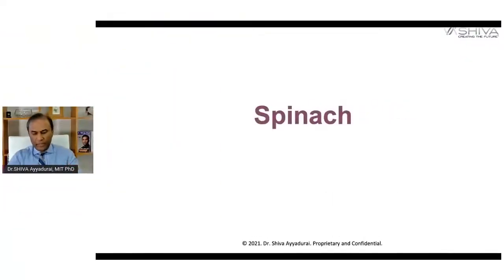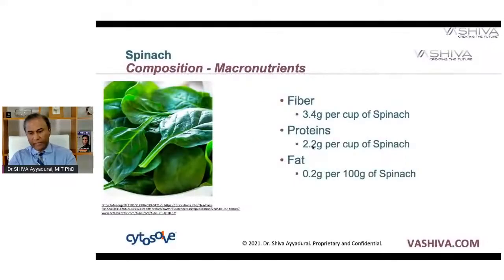So when we go back to spinach, we also have to recognize spinach is a food, okay? And as a food, it's not just one compound, right? It's composed of macronutrients. Macronutrients are things like fiber, proteins, and fat. You can see spinach has a lot of fiber, 3.4 grams per cup, proteins, 2.2 grams, right?